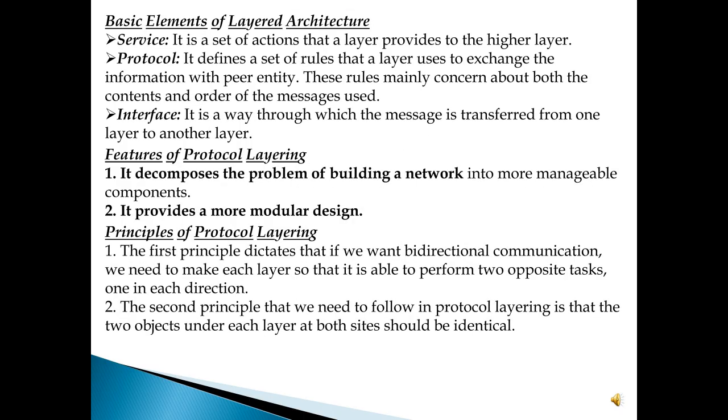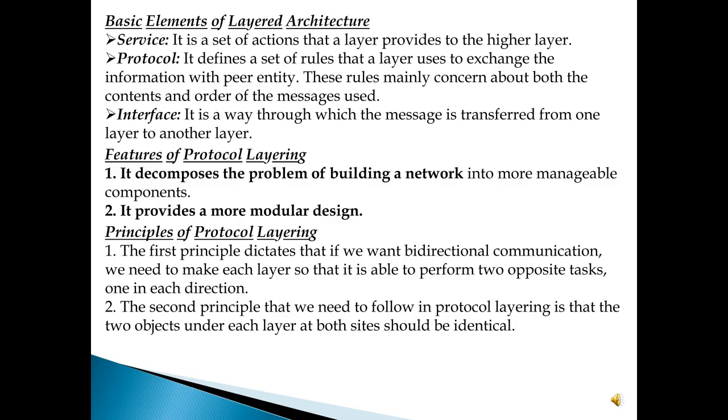Now, there are certain elements of the layered structure. About the basic elements of layered structure, we have first service. It is a set of actions that a layer provides to the higher level. Next, we have protocol.